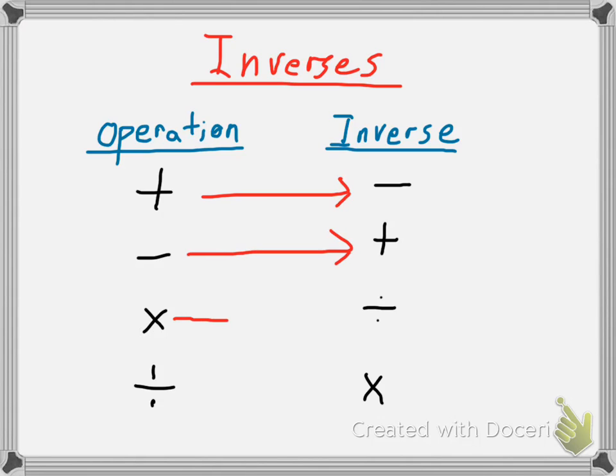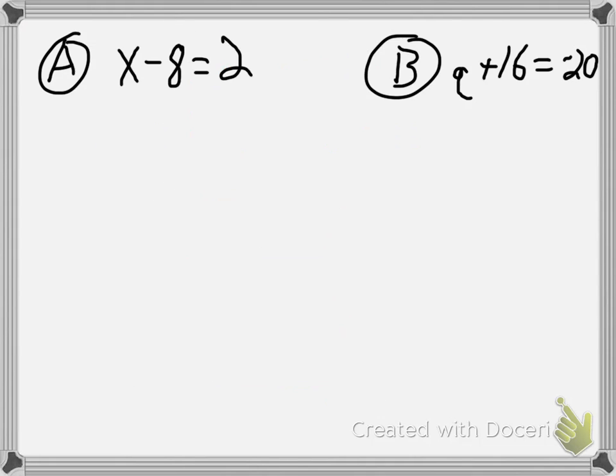If it's multiplication, our inverse is division. And if the equation tells us division, we're going to use multiplication to help solve. So again, inverses mean opposite. We're using opposite operations, or inverse operations, in order to solve.